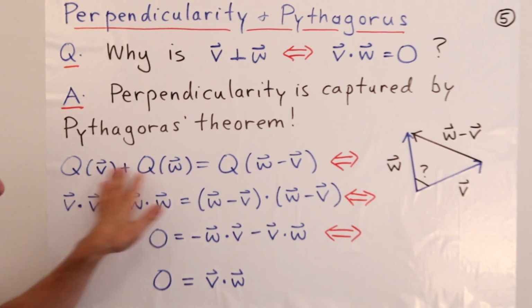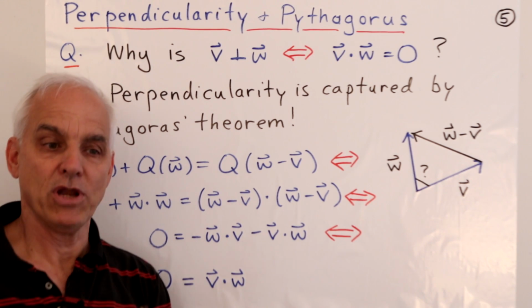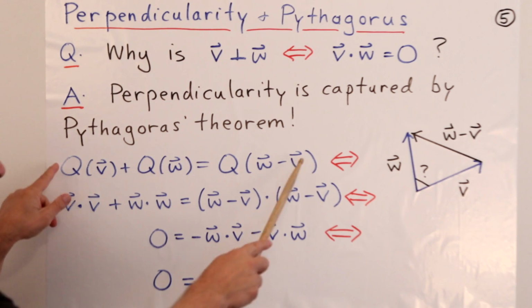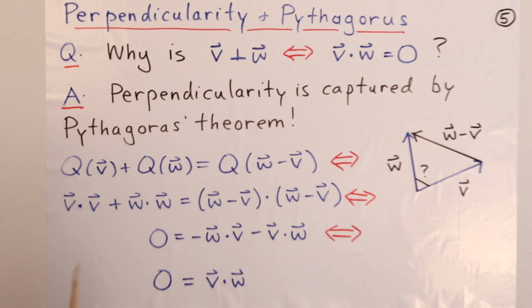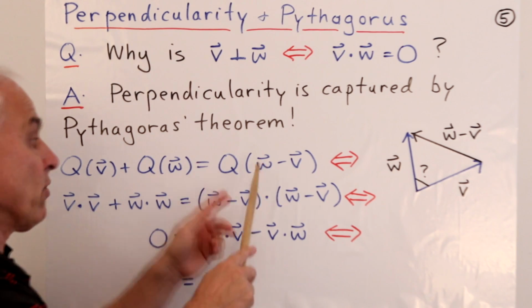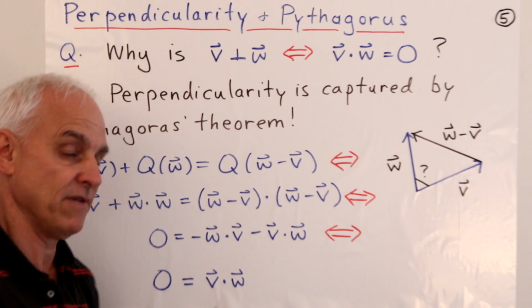And let's just look at this statement and rewrite it using what we know about dot products. Okay, so this statement is equivalent to the following statement. We've just rewritten this statement here because we've replaced Q(v) with v dot v, replaced Q(w) with w dot w, and replaced Q(w minus v) with (w minus v) dot (w minus v).